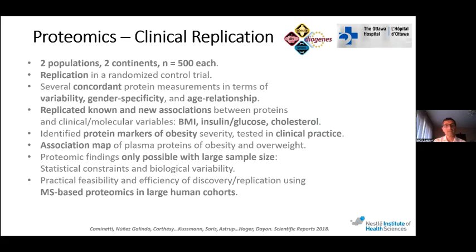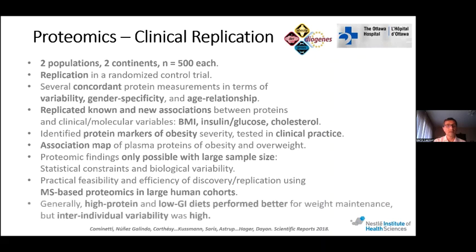The practical feasibility and efficiency of this discovery replication with clinical mass spec-based proteomics was delivered, and it shows that these high-tech platforms, once they are automated and very robust, can be used actually for significant and tangible and translatable clinical findings. And in general, what we have seen, that the high protein and the low GI diets perform better for weight management, weight maintenance.